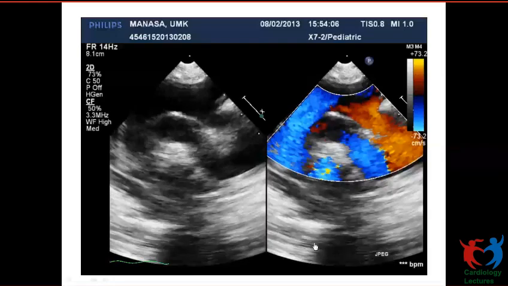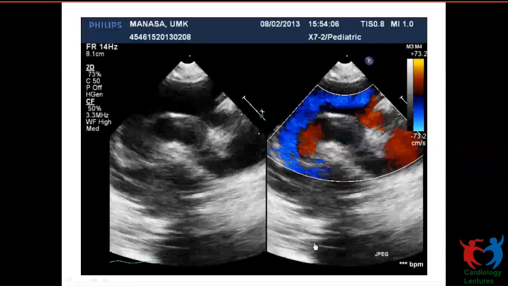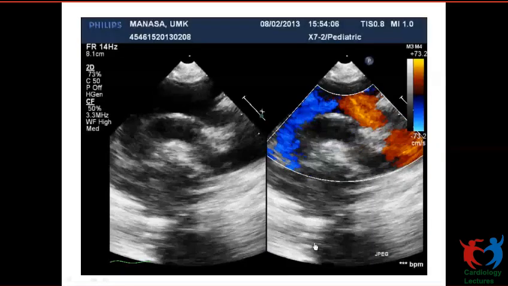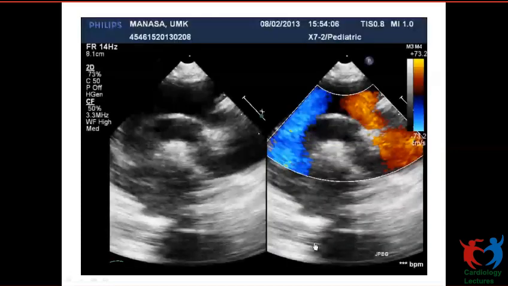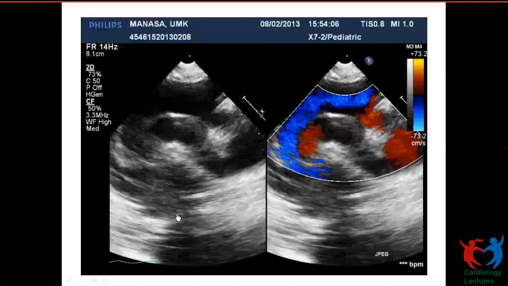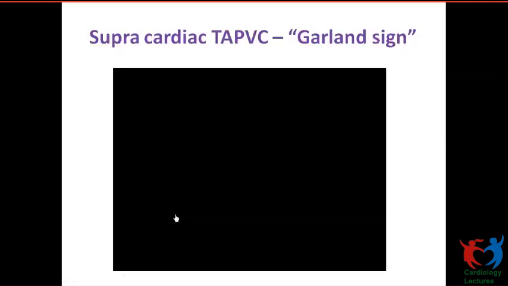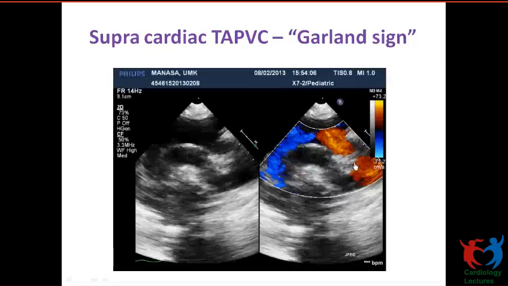What is that sign called? Garland. What forms the garland? Left innominate vein, vertical vein, and then the SVC.